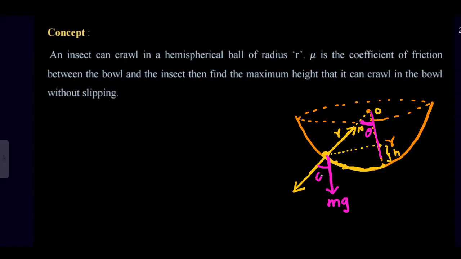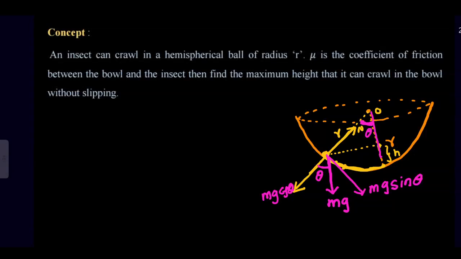So this angle is theta, right? Now what is this component? mg cos theta. And what is the other component, tangential to the bowl? This is mg sin theta. The insect is falling because of mg sin theta only.